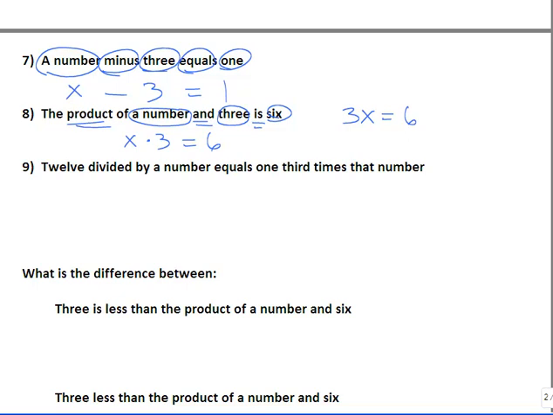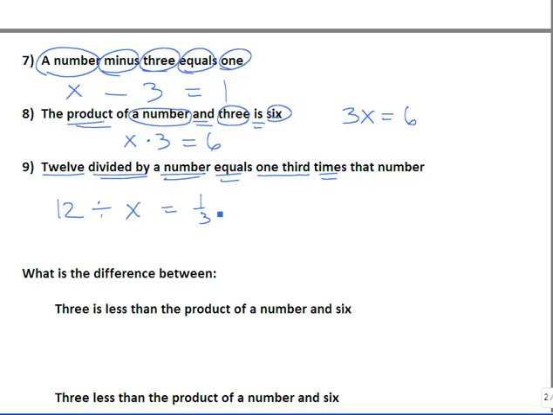Okay? Example 9. 12 divided by a number equals 1/3 times that number. So again, we're just going to go left to right. 12 becomes 12. "Divided by" is your division symbol. A number becomes x. Equals is equals. 1/3 is 1/3.